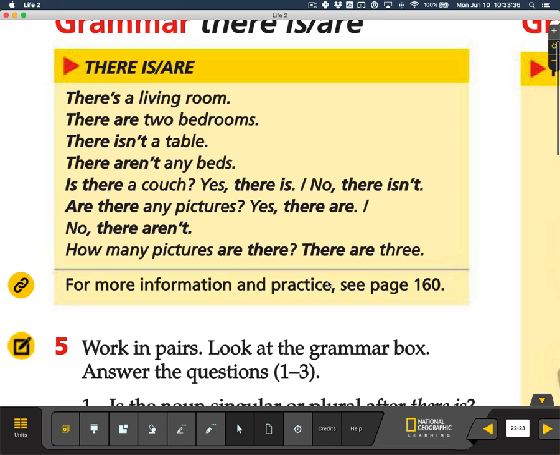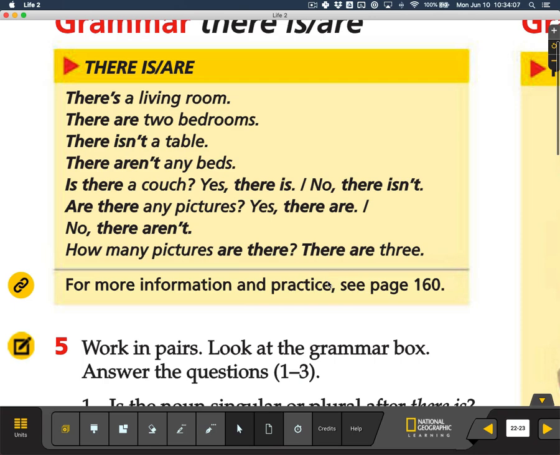There's, okay? Grammatically, they're very, very different, okay? But the sound is the same, okay? Here, when we write, we always separate these. There are. But when we speak, most people will say there're. They contract them, okay? There are 2 bedrooms. There's a little push on the R, right?